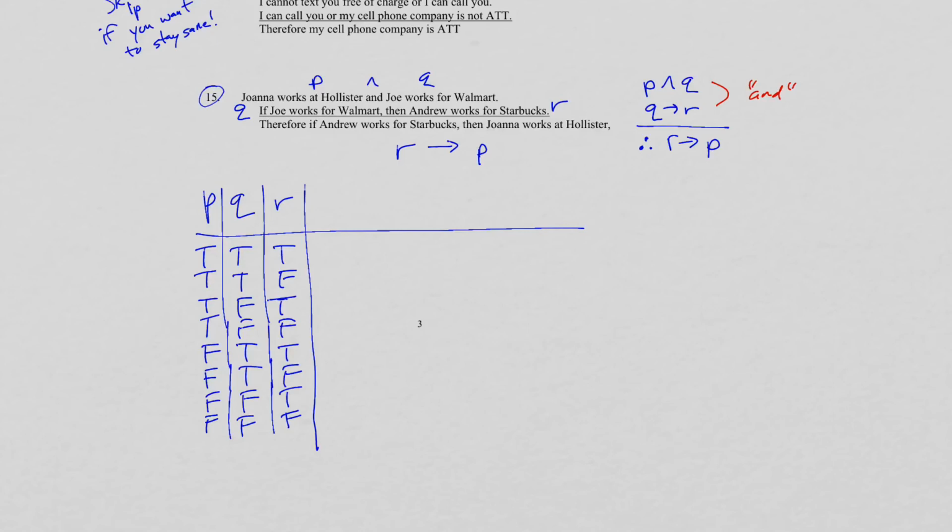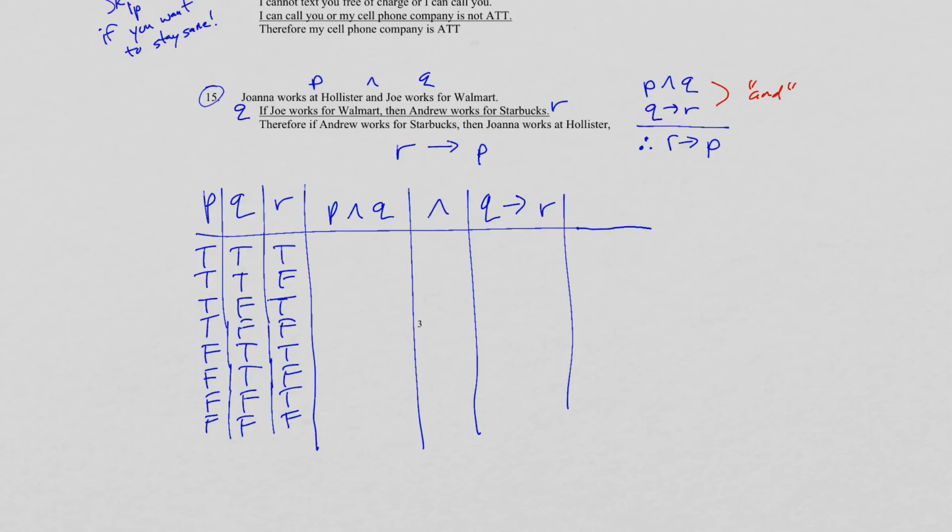Okay. So we got to do the P and the Q. We have to do and if Q then R. Okay. And then we're going to conclude, and our conclusion is an if-then.